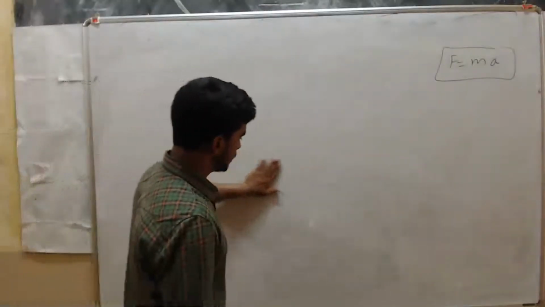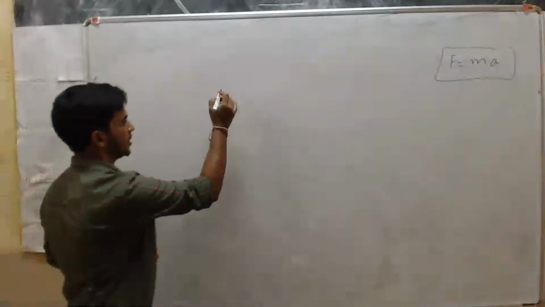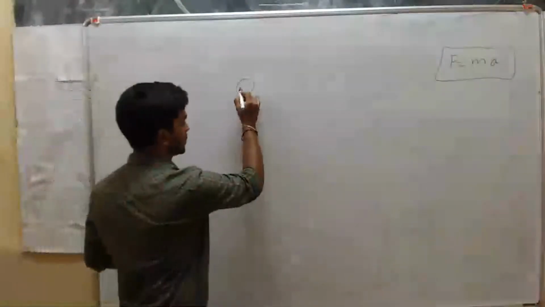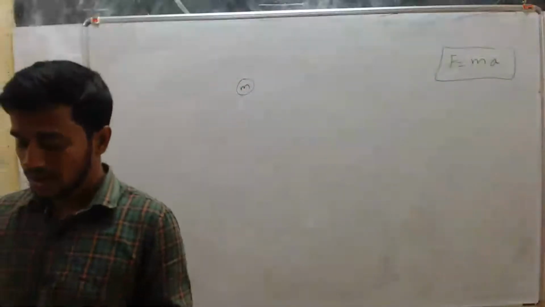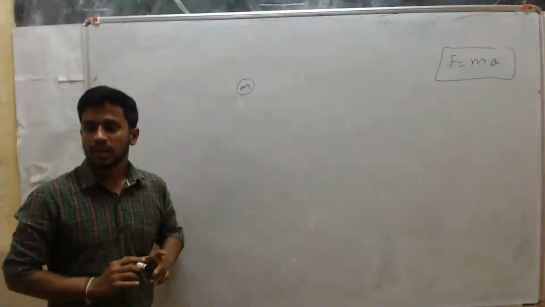Okay, yes, see here. So first consider one object. I don't know its mass, so I will take the mass of this object as m. So consider one object and it has mass m.